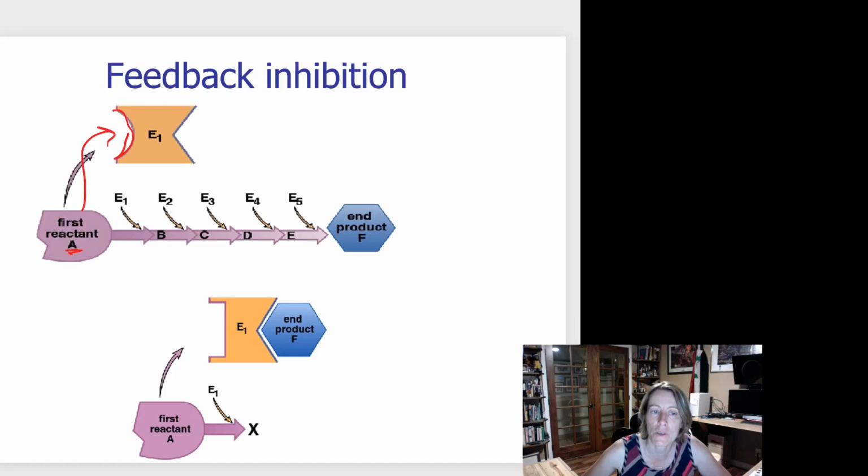There's a nice curvy part here of this reactant, and it's going to fit in the active site of enzyme 1, right? So reactant A is the substrate for enzyme 1. Enzyme 1 will take reactant A into its active site, do some modifications, and out it will come as product B, all right? And then B becomes the substrate for enzyme 2, and on down the pathway.